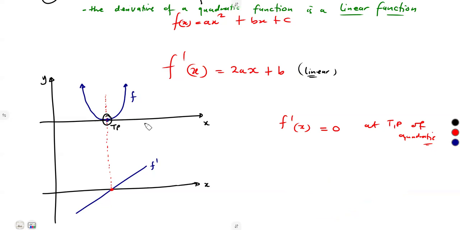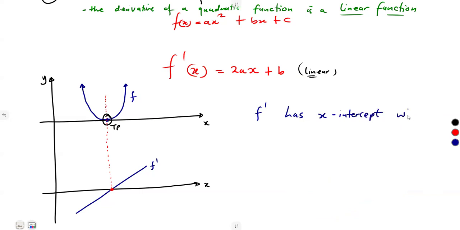All right, so here I can just indicate this in this manner to say, the first derivative, which is this linear function, has an x-intercept where our original function f has a turning point or stationary point.